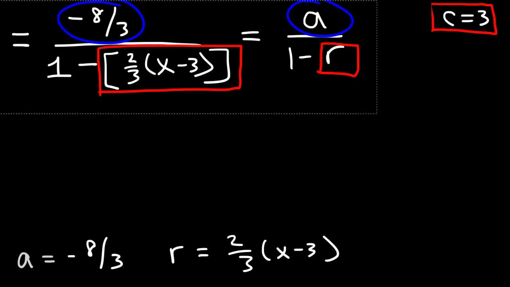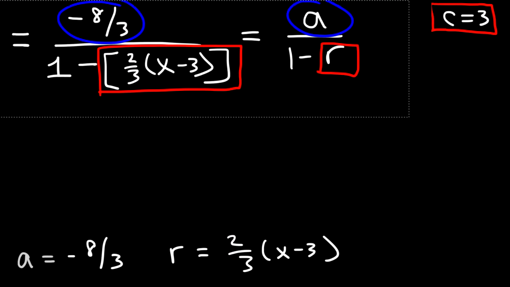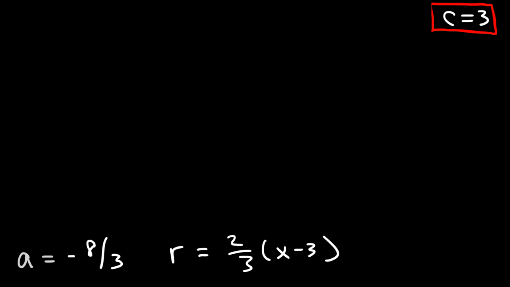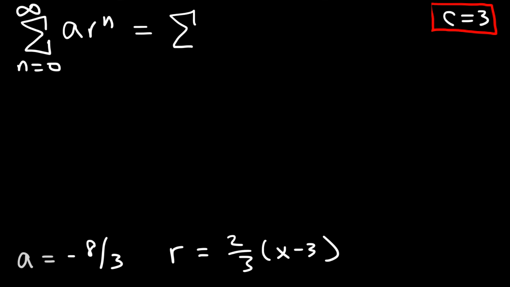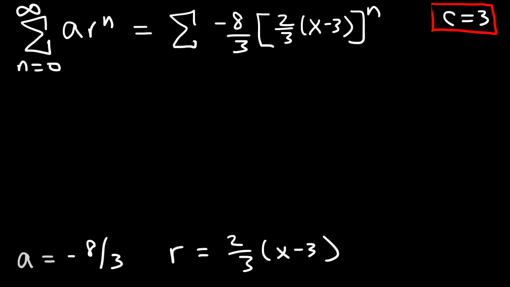As soon as you identify a and r, you don't need this equation anymore. So now let's write the geometric series. So a is negative 8 over 3 and r is 2 over 3 times x minus 3, and we're going to raise r to the n power.